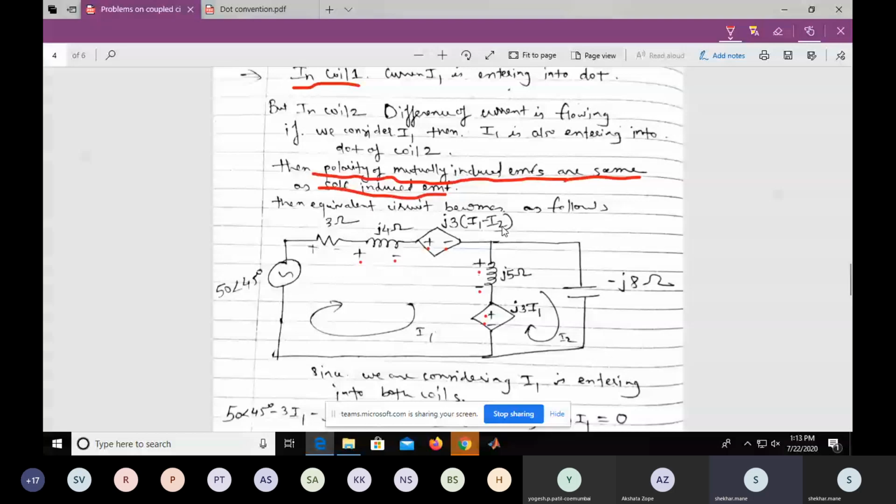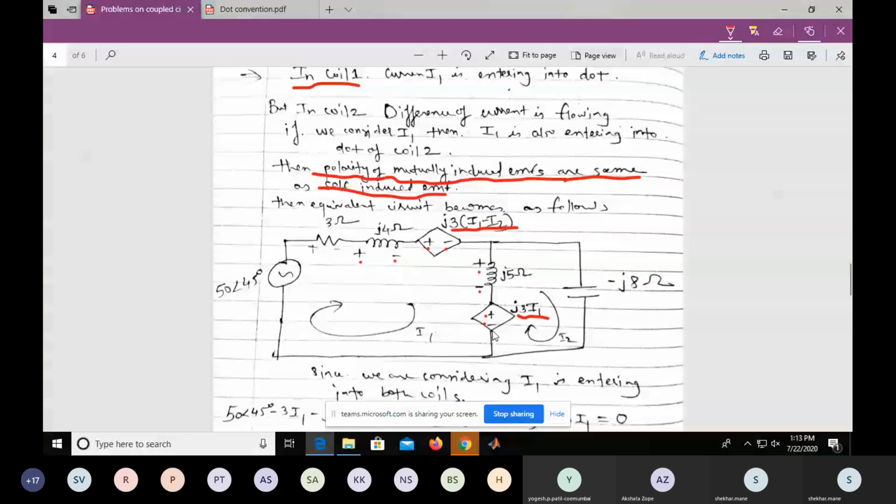And then here with coil 2, there is a mutually induced EMF because of current I1 in coil 1. So the value of this is minus 3j I1. The value of this is I1 minus I2, because I1 minus I2 is the current flowing through coil 2.